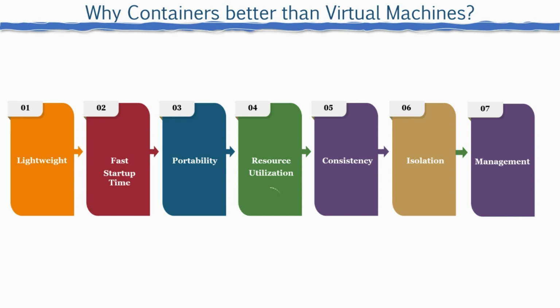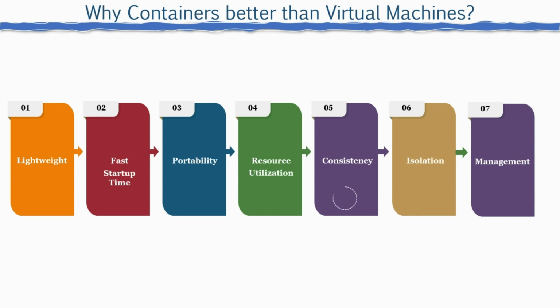Next comes resource utilization. Containers share the host resources, which means that they can be more efficiently utilized than VMs. This also helps to reduce cost as you can run more applications on fewer hosts. Next comes consistency.